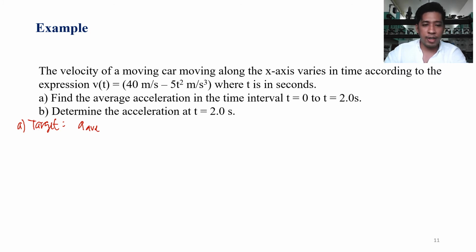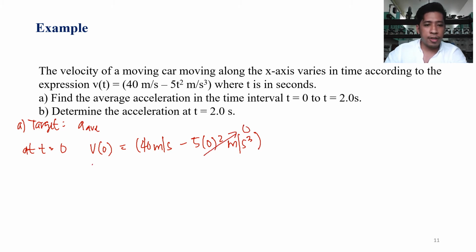Since we are given a function, we substitute t equals 0 into the function, so that we have v of 0 is equal to 40 meters per second minus 5 times 0 squared meters per second cubed. This is just 0. So at t equals 0, your v of 0 is equal to 40 meters per second.